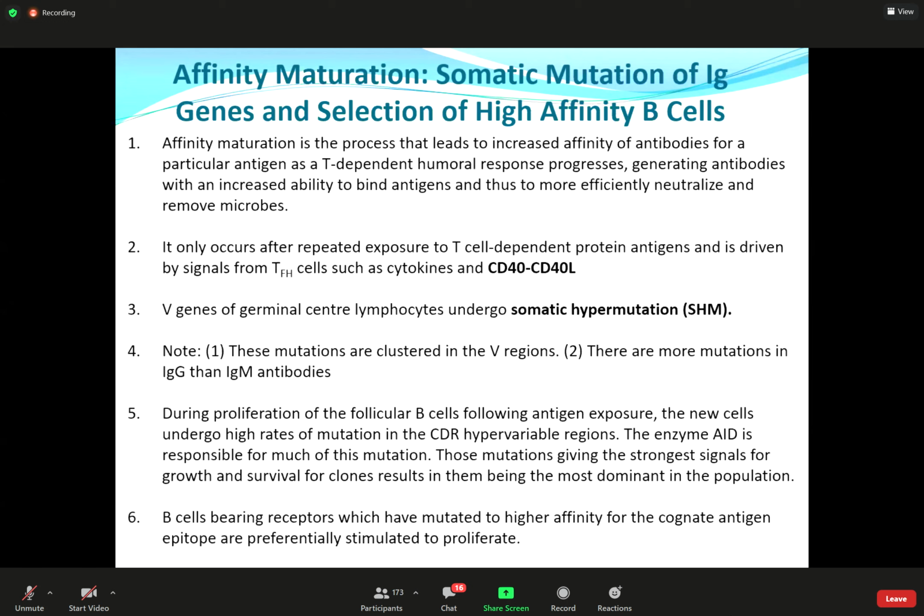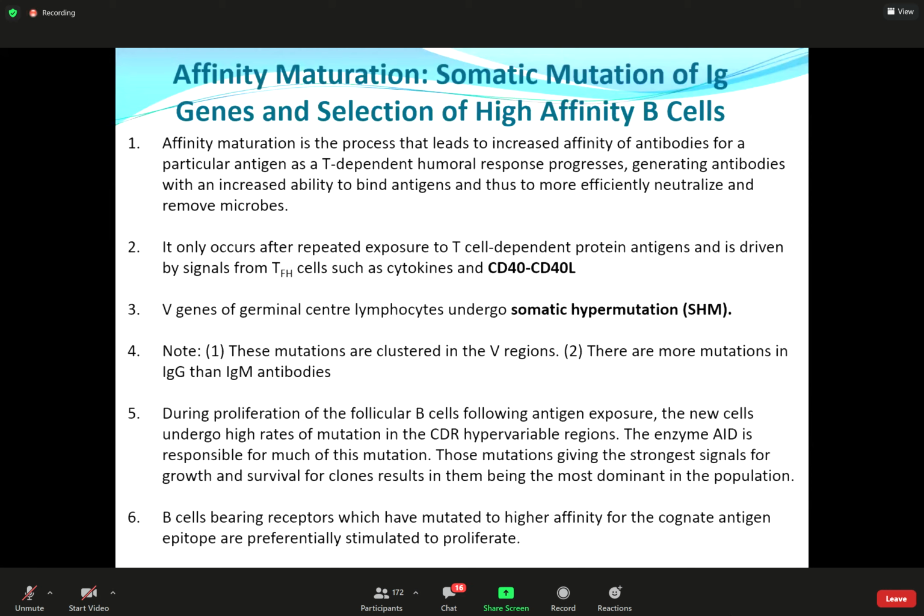In this way, the process ensures that only those B cells that deliver high quality antibodies for antigen will outgrow the rest. And again, this is why vaccines are so effective in creating this high quality, high affinity antibody.